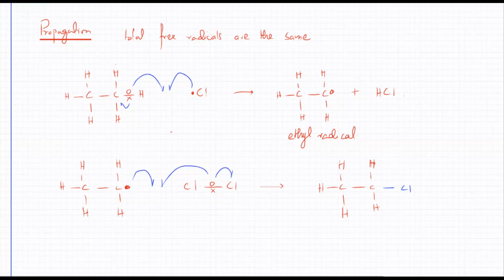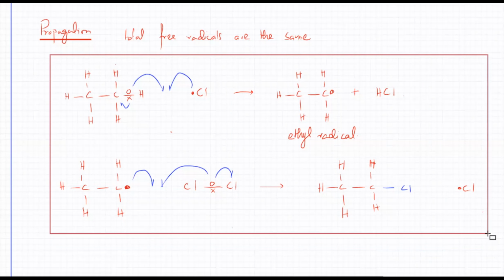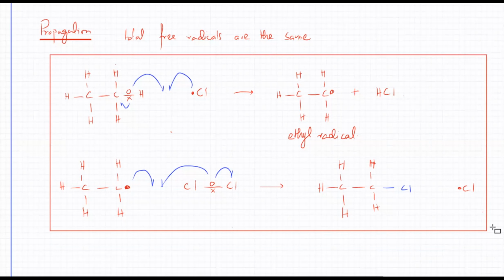And as a result, another Cl radical is produced, because this Cl atom got pulled towards this carbon. It started sharing its electrons with this carbon, ended up bonding with it, and the other Cl atom is now left all alone. So that is now a free radical. So these are the two steps that happen whenever there's free radical substitution and a propagation reaction. So are the two steps clear for propagation?